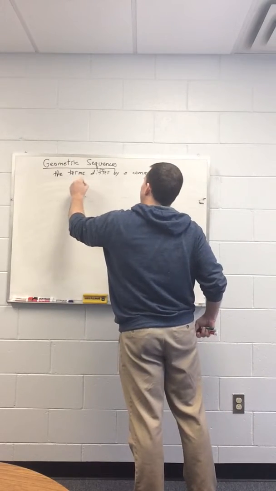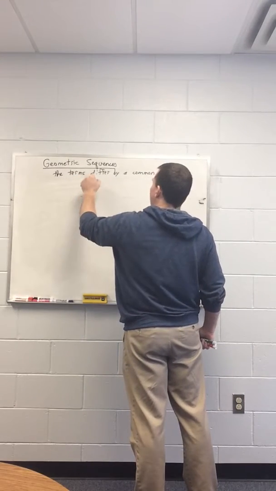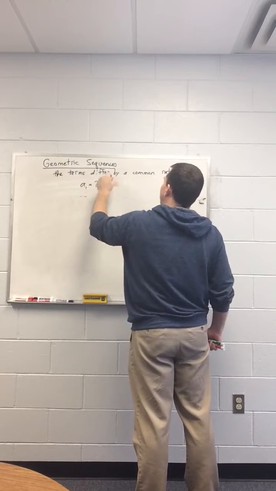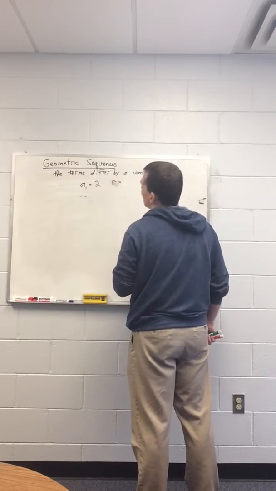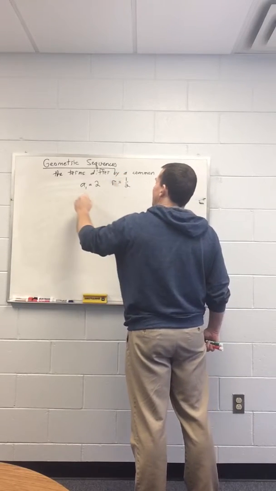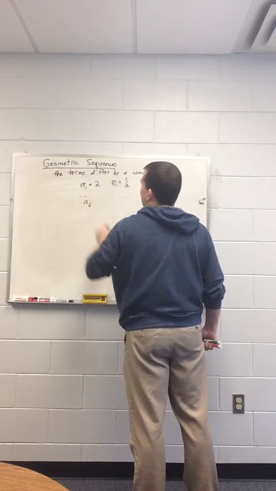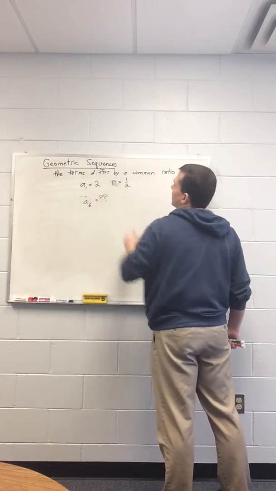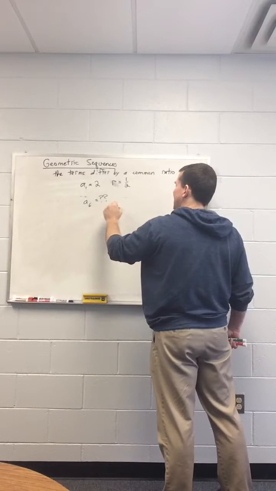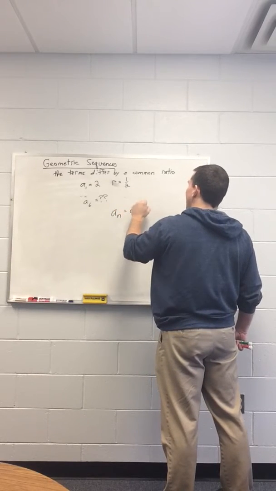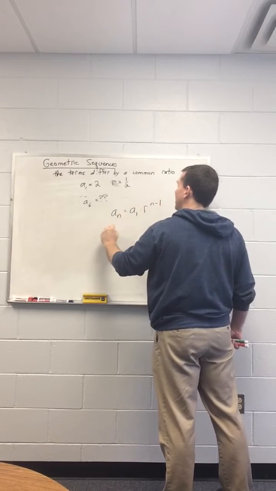Suppose we have the sequence a sub 1 equals 2, and the ratio equals 1/2. Find a sub 6. Well, we just said a sub n equals a sub 1 times r to the n minus 1.